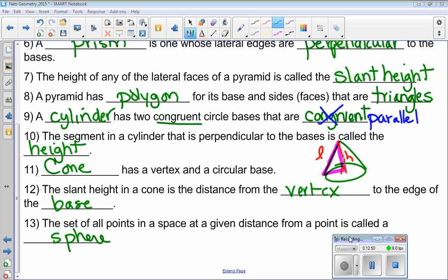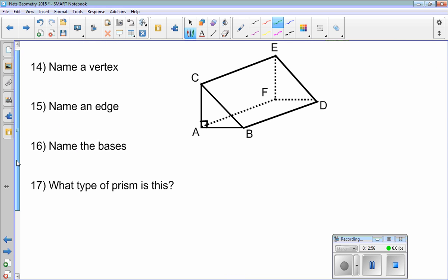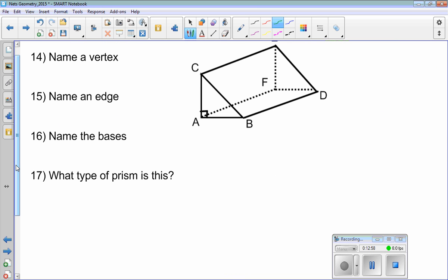If you look at the bottom of your page, we actually have a shape. What kind of prism? It's a triangular prism, and whenever you're talking about a prism, I want you to be very specific, and we use its base to name it. In this case, it's not even just triangular, it's a right triangular prism. Rectangular prisms would be a box.